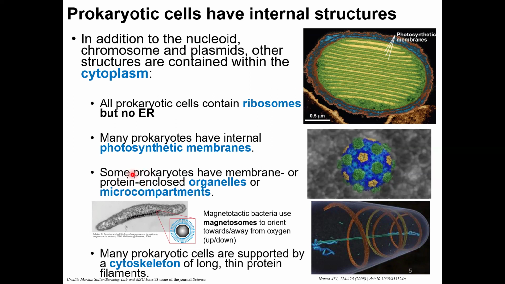And then some prokaryotes also have protein-enclosed organelles or microcompartments, so like tiny compartments where other aspects of the cell are enclosed. And then many of these cells also are supported by a cytoskeleton of long, thin protein filaments.